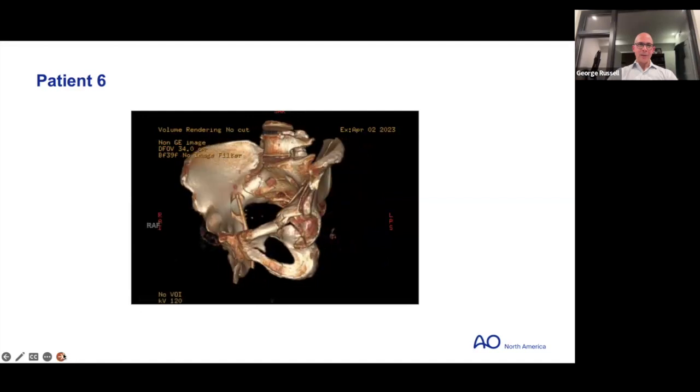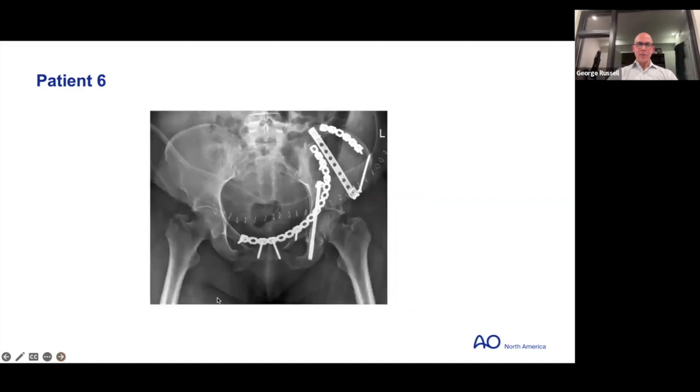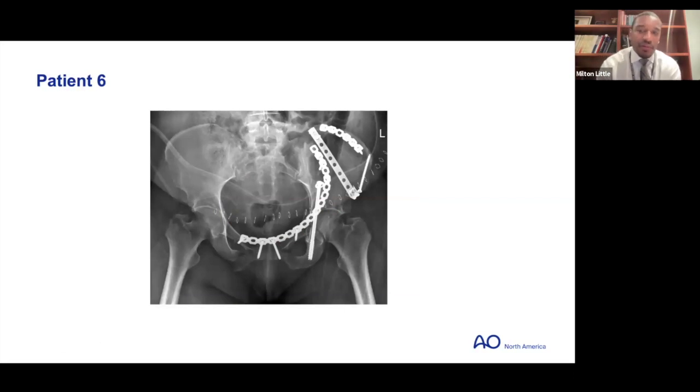So in the interest of time, what do you think was done? Playing the orthopedic pathologist, where I'm looking back at things and trying to see what happened, the things that stand out for me are, number one, how am I going to bring my wing back together, manage those segmental components, and in what order?